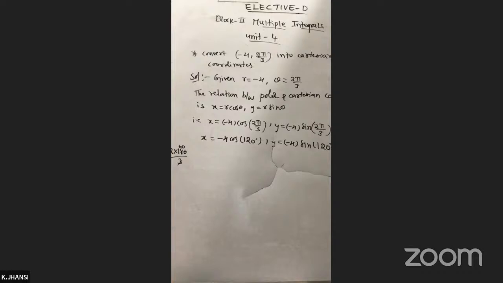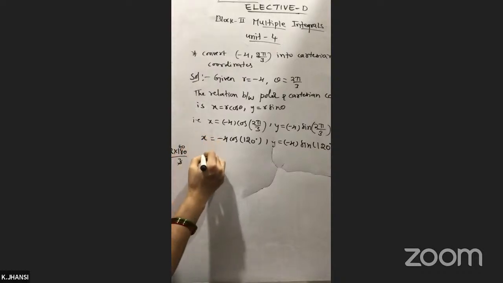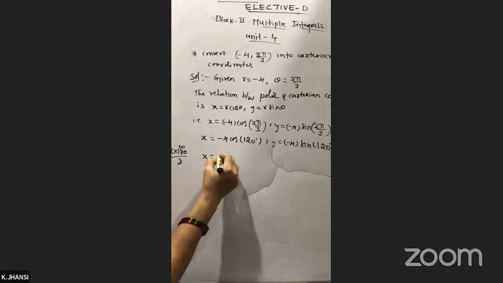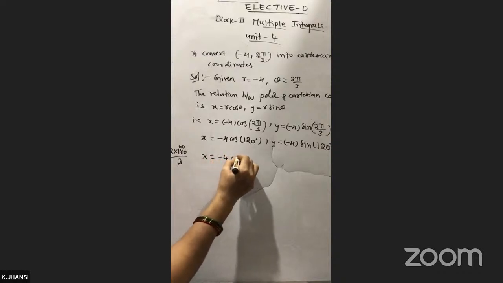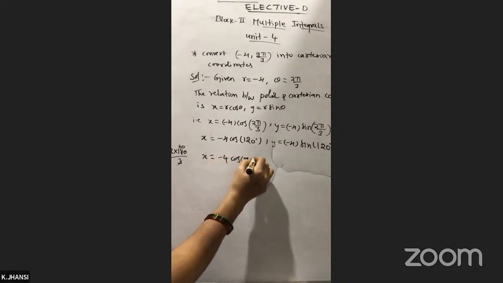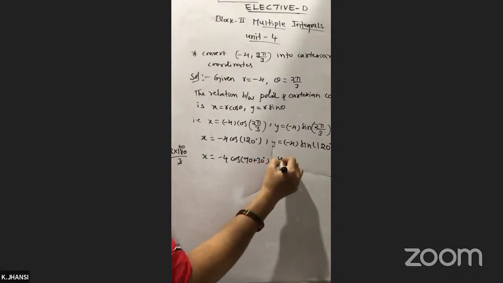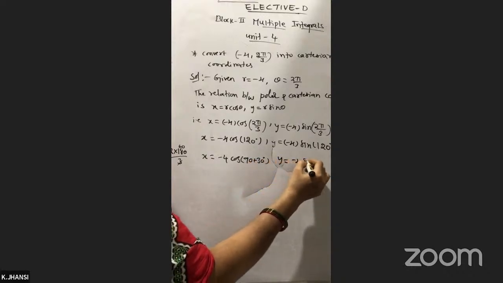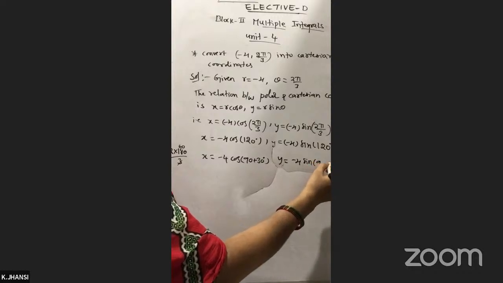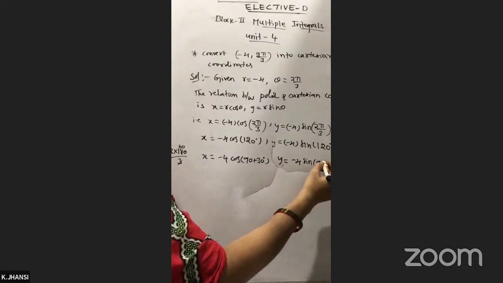If you want to find the x value and the y value, you can convert them. 120 degrees means 90 plus 30 degrees, and here sine also 90 plus 30 degrees. You can convert like this. x equals minus 4 cos of 90 plus 30 degrees, and y equals minus 4 sin of 90 plus 30 degrees.